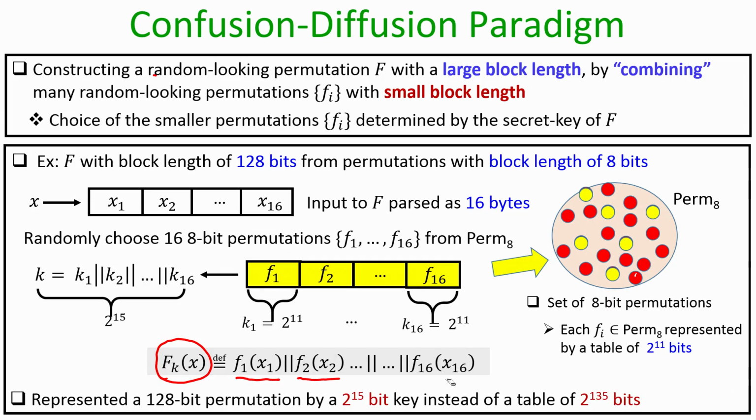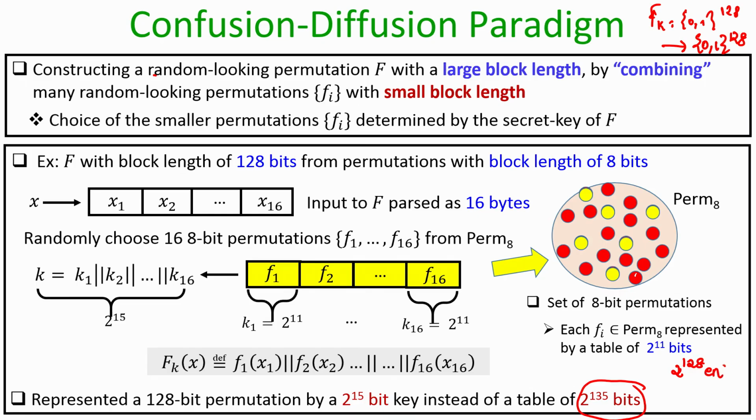Now, the advantage of constructing the bigger function F_k like this is as follows. If I had directly tried to construct a function F_k mapping 128-bit strings to 128-bit strings, that would have required me to store a table consisting of 2 to the power 135 bits, because that table would have 2 to the power 128 entries, and each entry would have consisted of 8 bits.